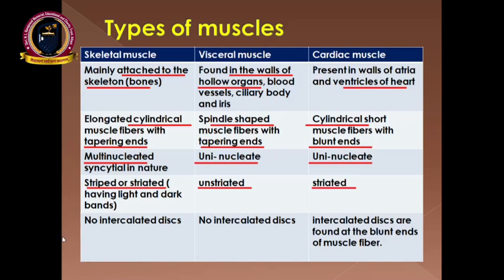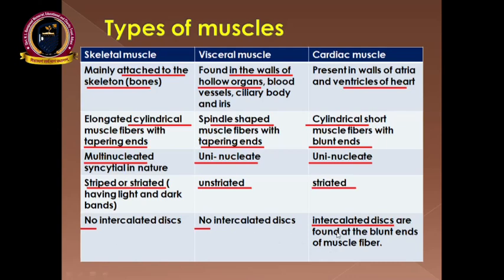Skeletal muscles do not have intercalated discs. Visceral muscles also do not have intercalated discs, but cardiac muscles have intercalated discs, which are found at the blunt ends of the muscle fiber.